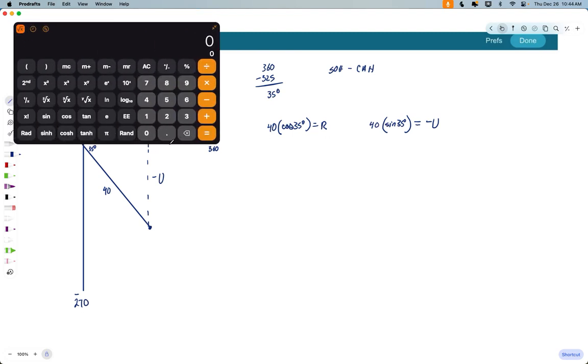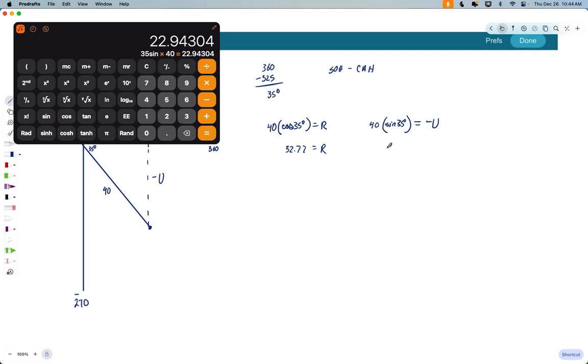So I do what's in the parentheses first, 35 cosine. Now I multiply times 40. Round it to 2 decimal places. That'll be 32.77 is R. And then I do this one. I say 35 sine times 40.